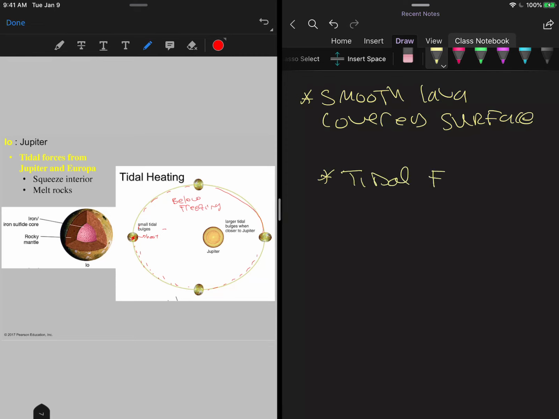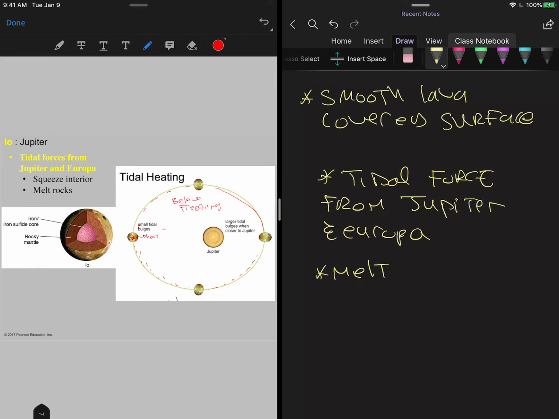So the tidal forces from Jupiter and also Europa warp and stretch Io, and this melts the rocks, and that causes Io, even though it's in a cold part of the solar system, to have the most volcanic activity.